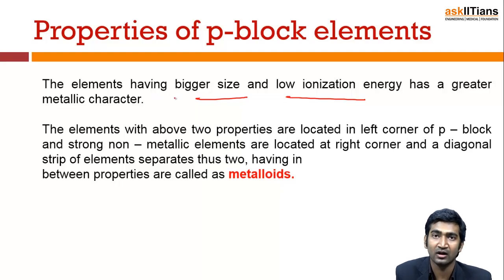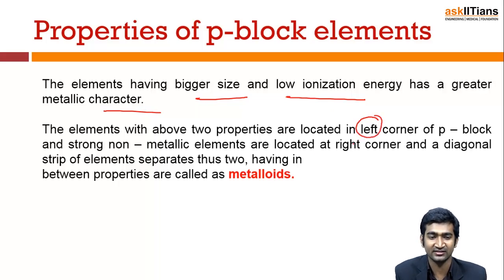If it is a bigger size, that means the electron on the valence shell is very little attracted towards the nucleus, meaning the effective nuclear charge is negligible there. So it will show metallic character. The elements with the above two properties are on the left corner of the p block. On the right hand side, it is not the case.